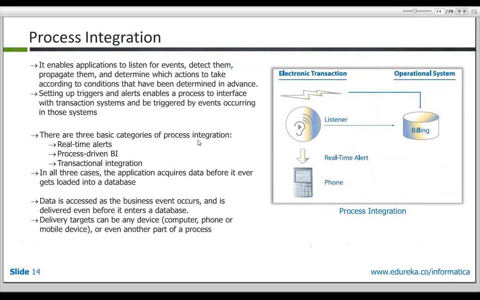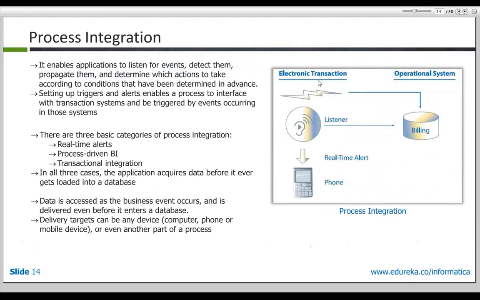Okay, so it is not just that you are reading from the operational system and loading into one place. You are reading from the different type of sources, storing at one place. Then there are other processes which are waiting for that information, and from there you are sending that information onward. So if you see that this is the real-time alerting system, which is shown in this diagram.